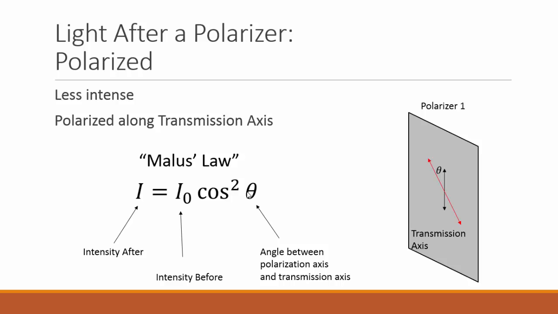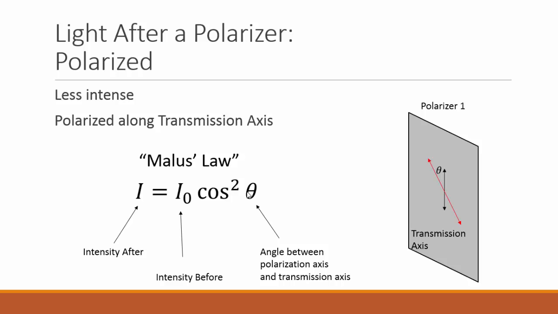If they're in the same direction, then that angle is 0, and cosine squared is simply 1. If they're perpendicular to each other, so they're not at all in the same direction, then cosine squared of 90 degrees is 0, and so none of the light makes it through.